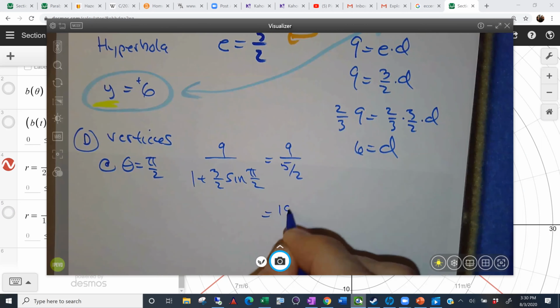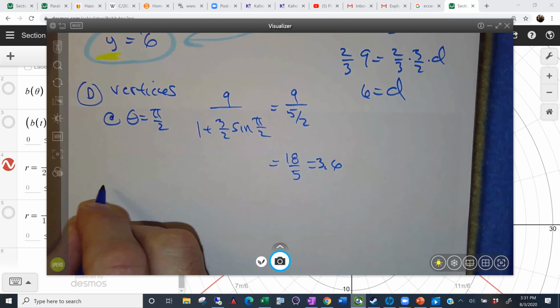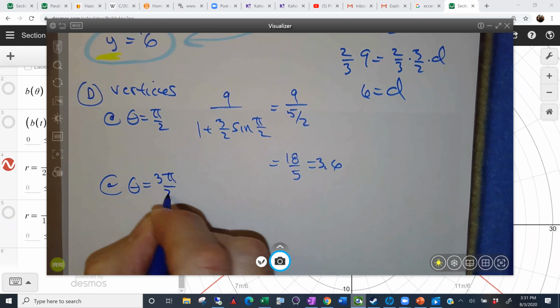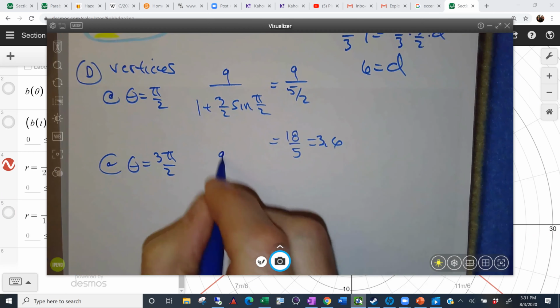Now, the other extreme is if instead of making this a positive 1, you made this a negative 1, the denominator is going to be as small as it could get. So that's going to happen at theta equals 3 pi over 2. If we do that, we get 9 over 1 plus 3/2 times sine of 3 pi over 2.